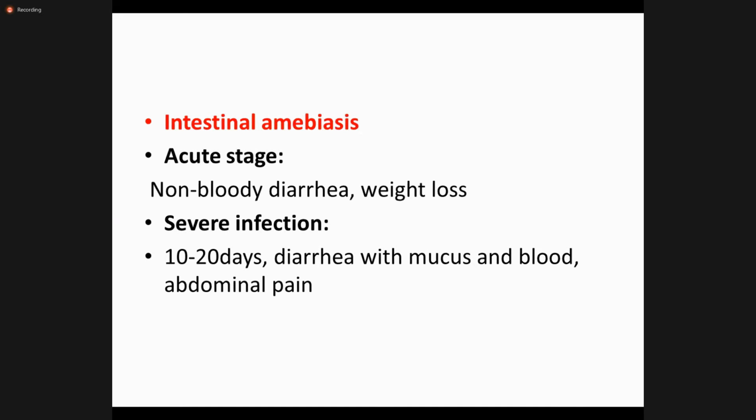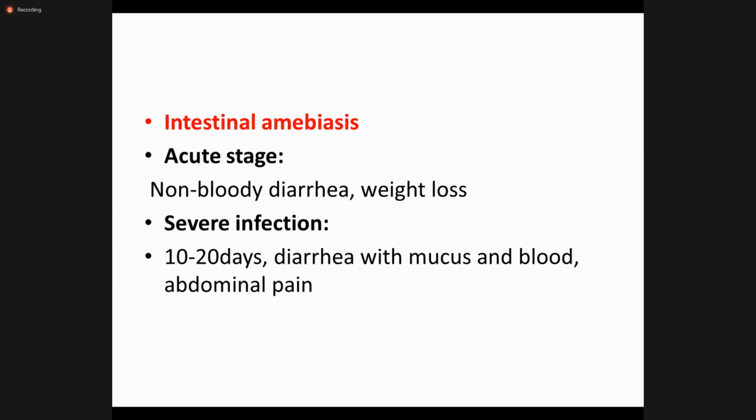Initially, it causes non-bloody diarrhea, but eventually, when the infection becomes worse, it causes diarrhea with mucus and blood, along with abdominal pain. One thing is very important, that there is no animal reservoir, the host is only humans.